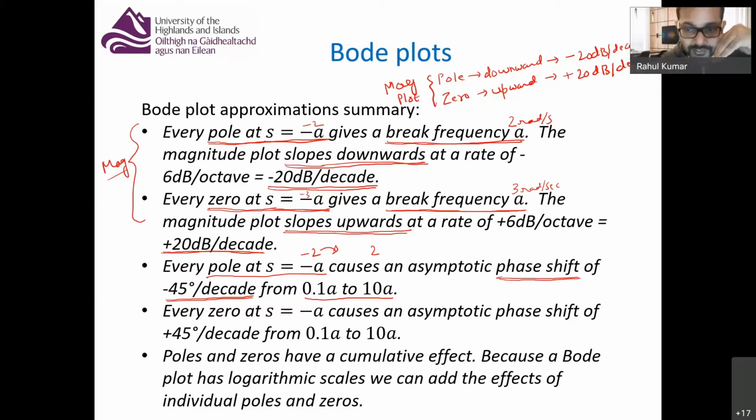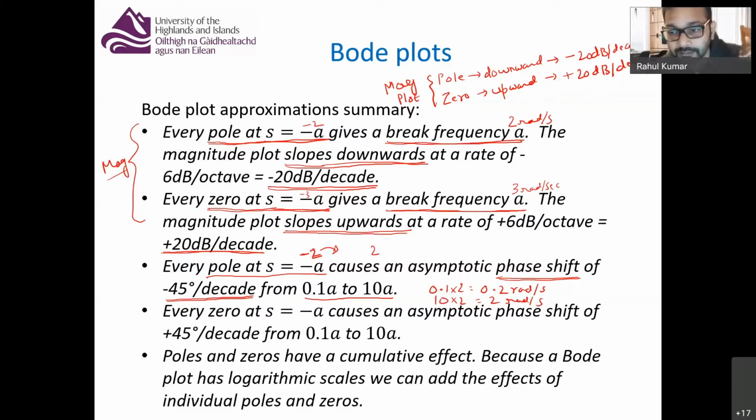But for the phase plot, if you have a pole at minus 2, it will start changing from 0.1a. So 0.1 multiplied by the value of a is 0.2. That is, it will start changing from 0.2 radians per second, and it will continue to change until 10a. So 10 multiplied by 2 is 20 radians per second.